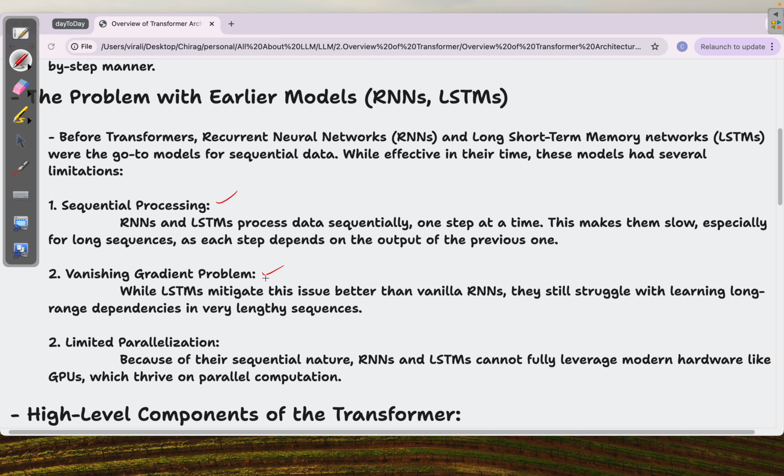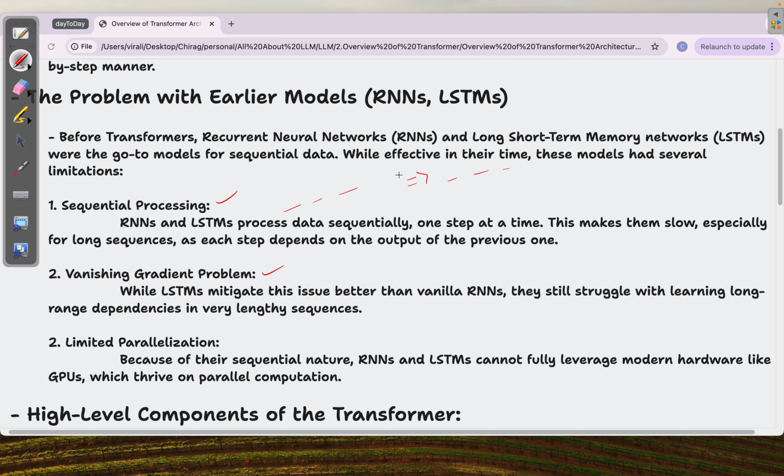But when you have a longer sentence, let's say 100 tokens in the sentence, and you need to process them, then it can struggle with the vanishing gradient problem, or it cannot handle dependencies as well. For example, let's say you have 100 words and you need to translate them.